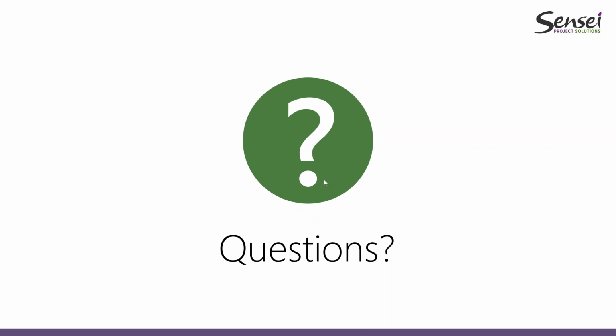There is another question coming from Allison, and he's asking if you require progress to be updated through resources entering their time, does the progress info still show on the timeline bar? The answer to this question is yes.